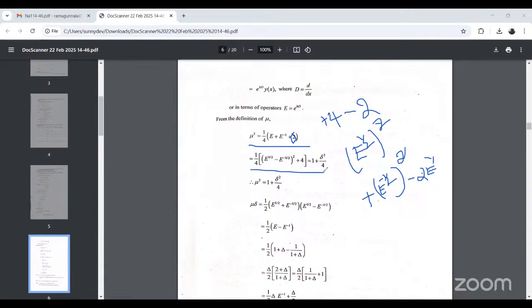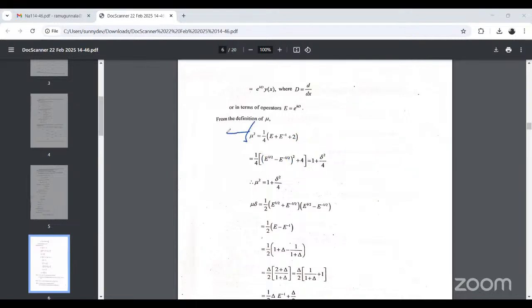So that we can write e power of 1 by 2 minus e power of minus 1 by 2 whole square. So this completely we can write as delta square. When you multiply with 1 by 4 inside, that becomes 1 plus delta square by 4. And it is also an important theorem, they are asking to prove that mu square equals 1 plus delta square by 4.